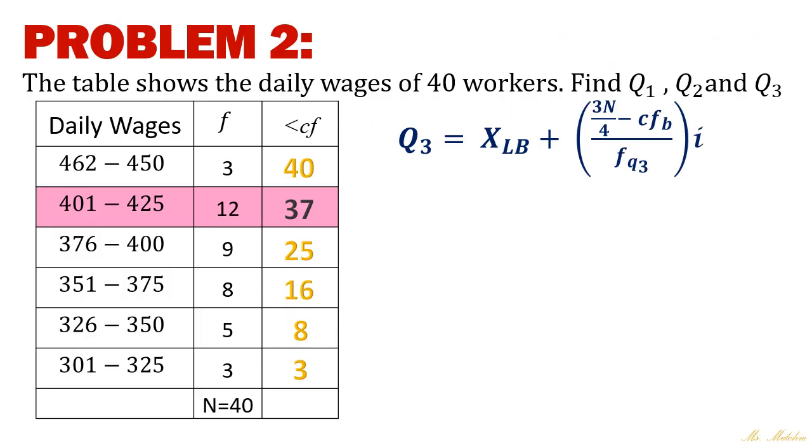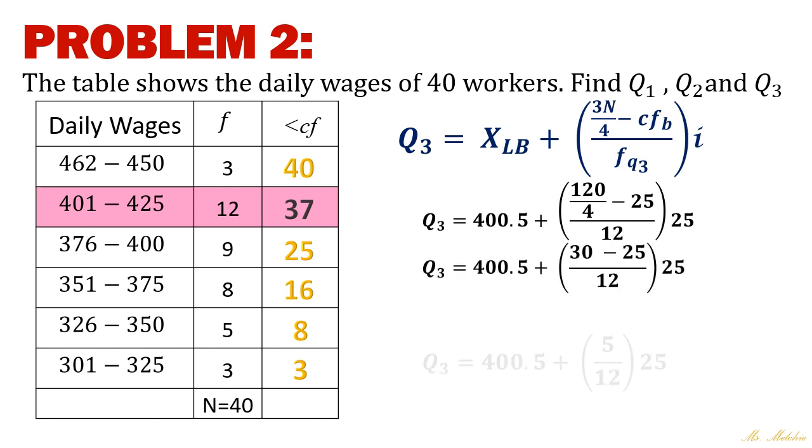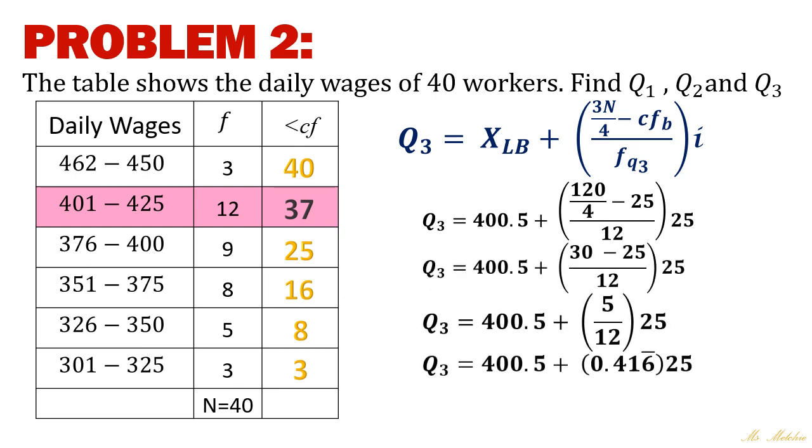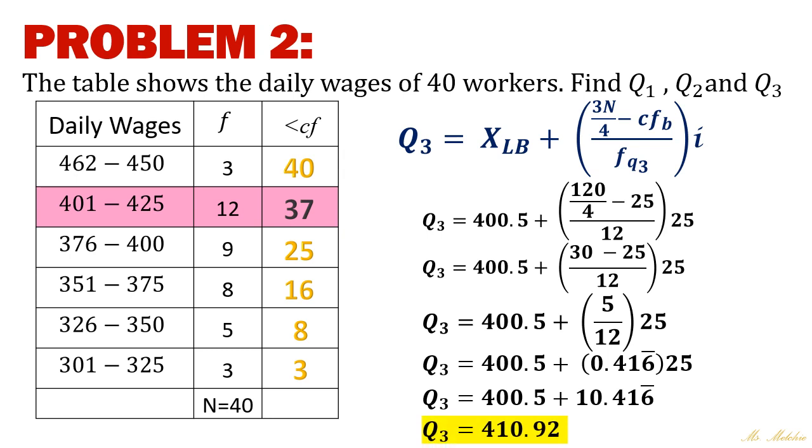Okay, for the last one, our Q3 or the upper quartile, again you highlight the Q3 class so that you would know which class you are supposed to focus on. Then gather the necessary data for our formula and substitute, of course. Apply the PEMDAS properly, and with that you will have Q3 equals 410.92.